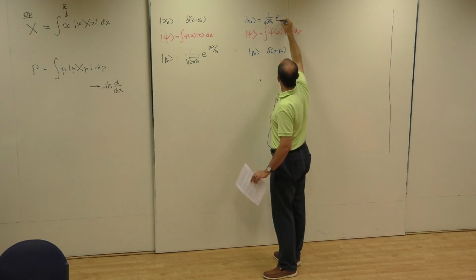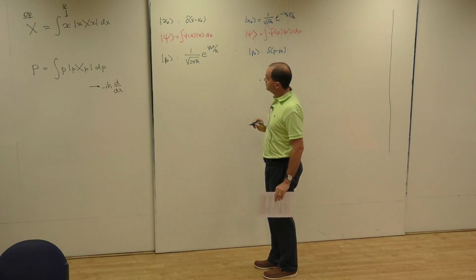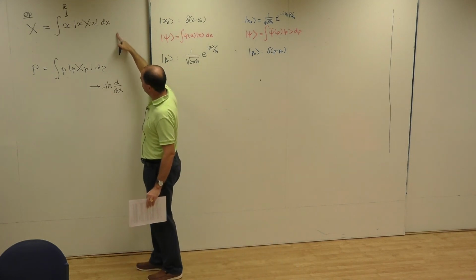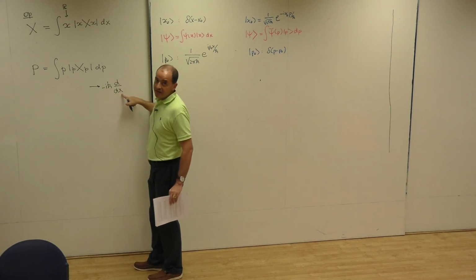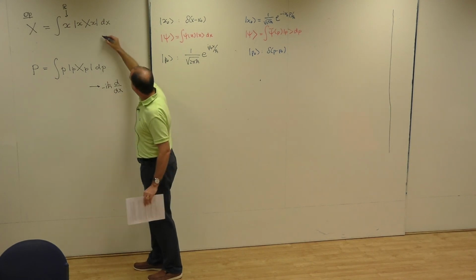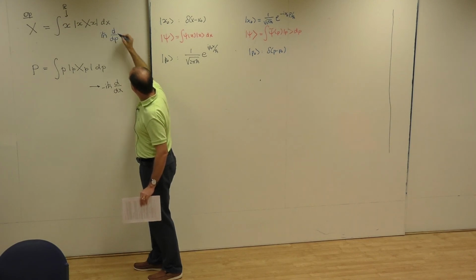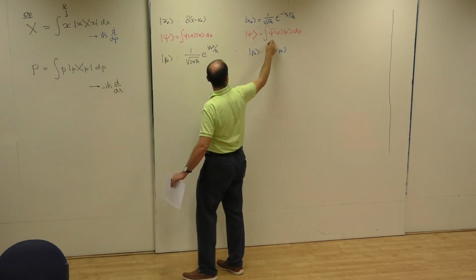So it would be e to the minus i x0 p over h bar. And what does the position operator look like in that representation? Obviously, it's going to look like this, but again with a minus sign because of the commutator. So it would be i h bar d over dp in this representation.